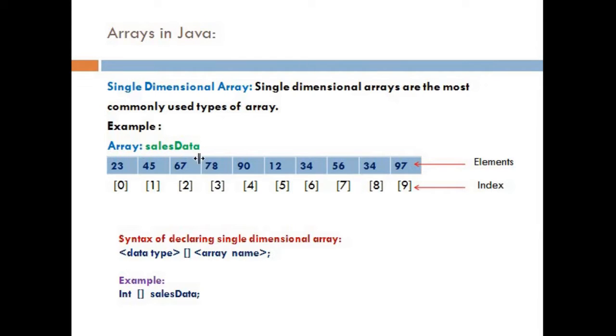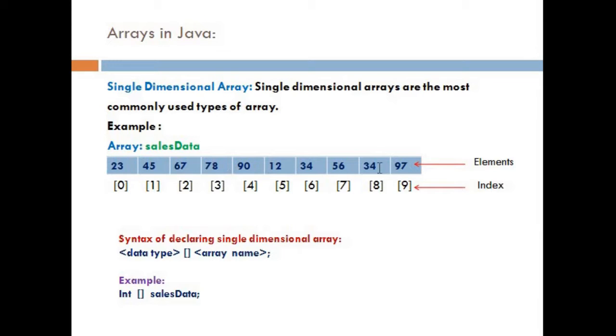This array variable identified by the name sales data consists of a range of values starting from 23, 45, 67 till 97. So how many values does this array variable sales data contain? Let's count it. This is the first one, second one, third one, fourth one, fifth one, sixth one, seventh one, 8, 9, 10. So in total this array variable called sales data contains 10 values.